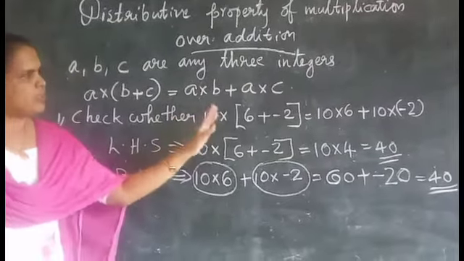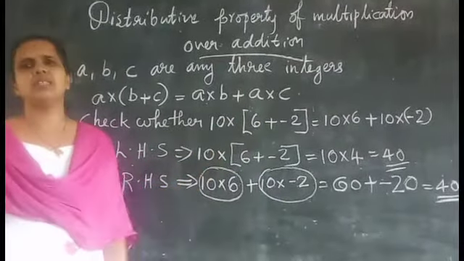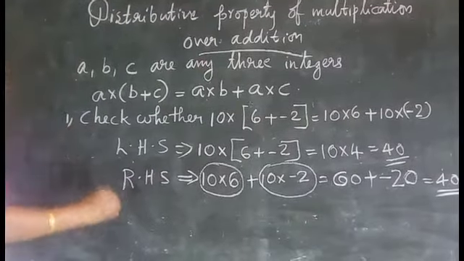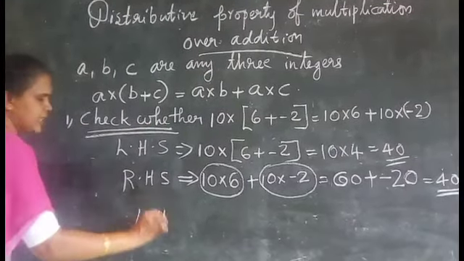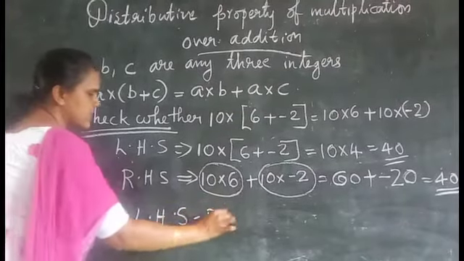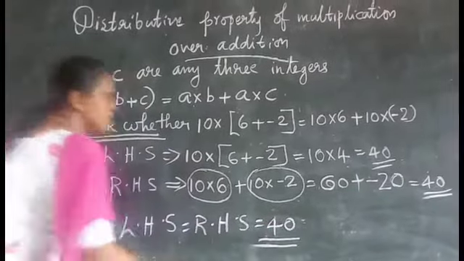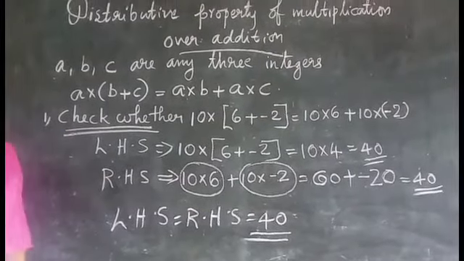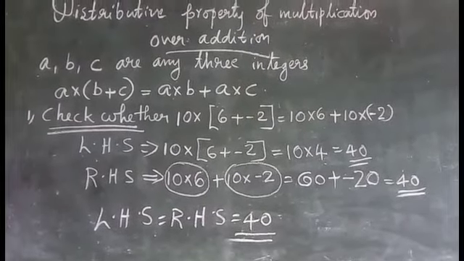That means we can find it in any way and we get the same answer. So here we can verify that LHS equals RHS, and the value is 40. This is the verification of the distributive property of multiplication over addition.